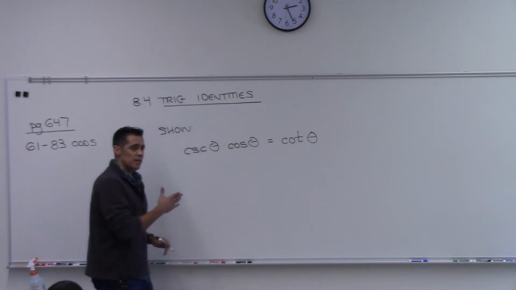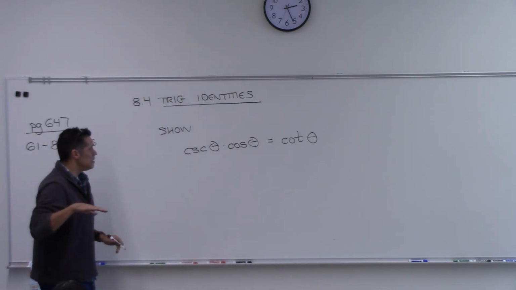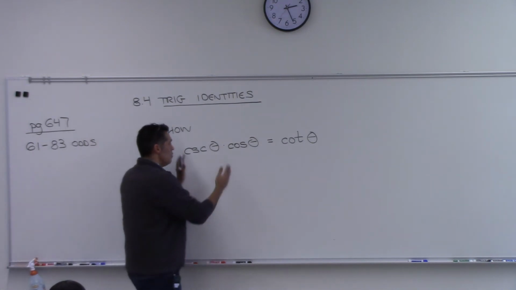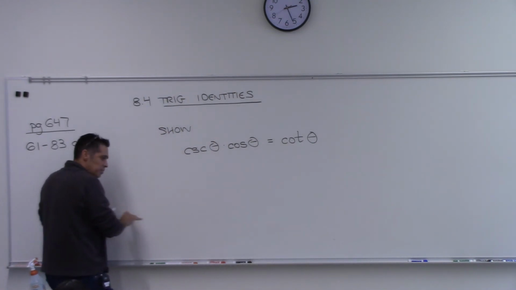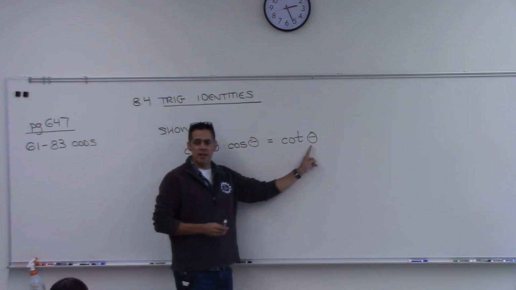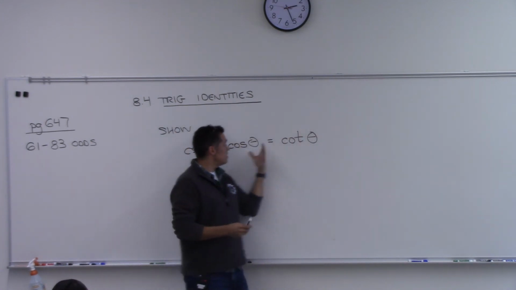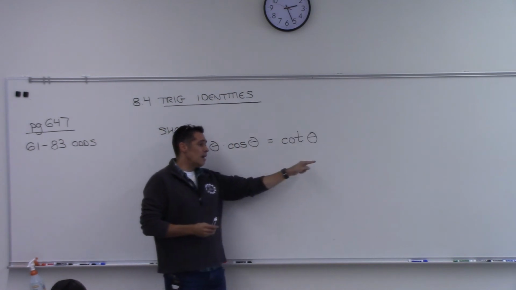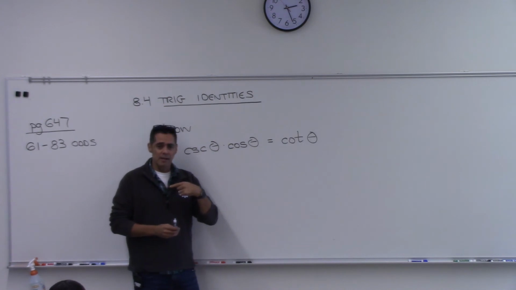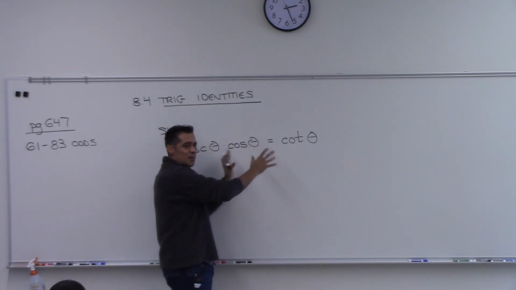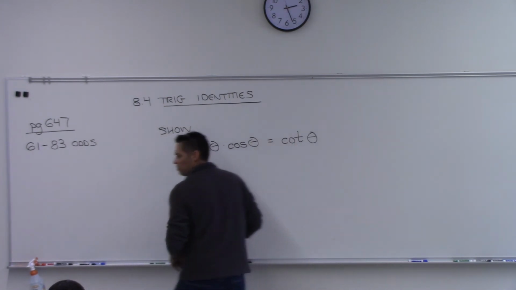The way you do this, and the way all of you have to do this on a test, is you start with one side of this equation. You write it down, and you do a bunch of manipulations until it turns into the other side of the equation. You start with the left-hand side and turn it into the right-hand side, or start with the right-hand side and turn it into the left-hand side. You cannot treat this as an equation right now. So let me work through this one.